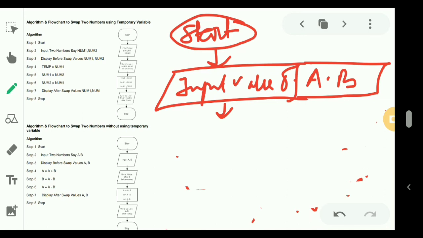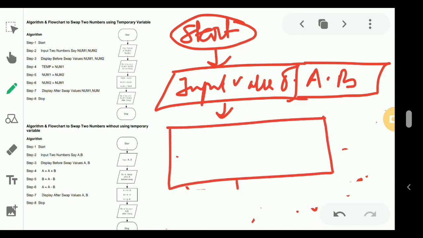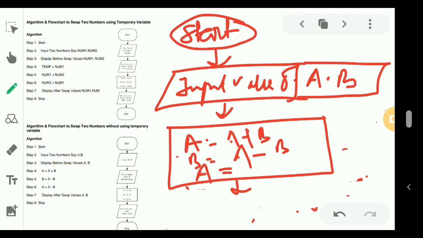Then we have to do the calculation part. The calculation part says a equals to a plus b, b equals to a minus b, and again a equals to a minus b. So it is done.